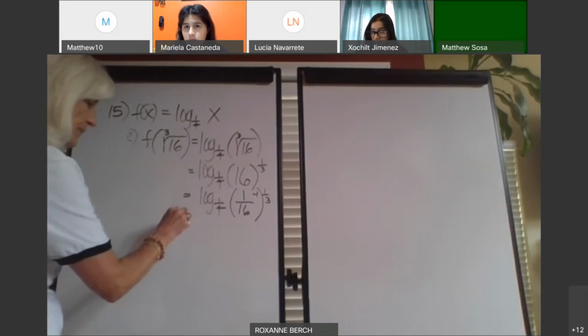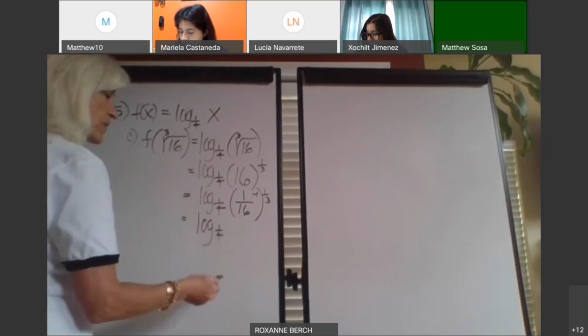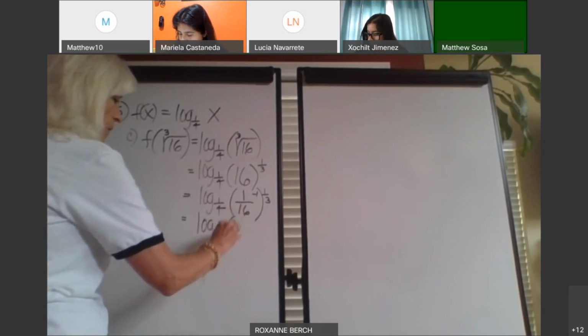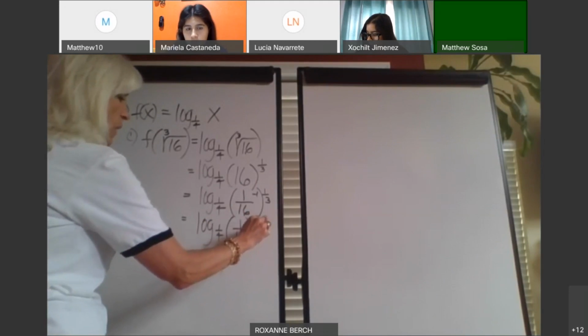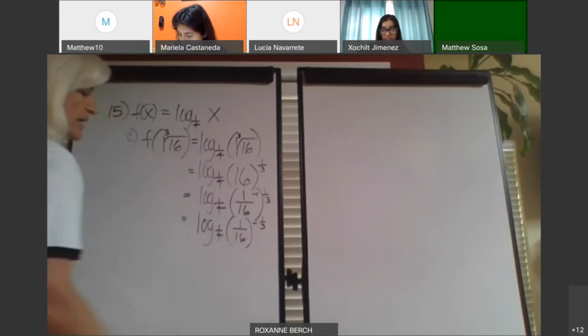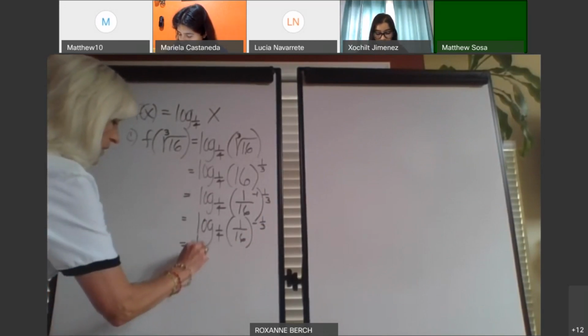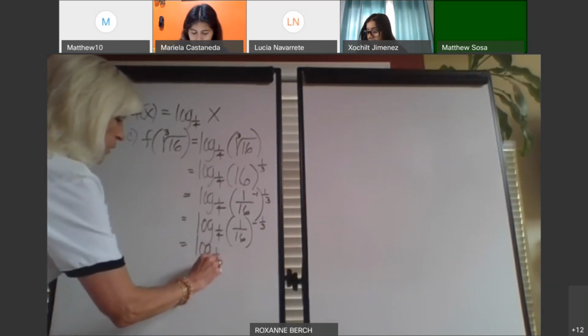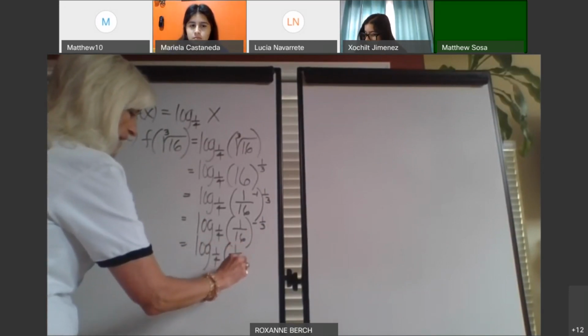A lot of steps. So this would be log base 4 of 1/16 raised to the negative 1/3 power, multiplying powers, right? So now log base 1/4, can't 1/16 be written as 1/4 again?